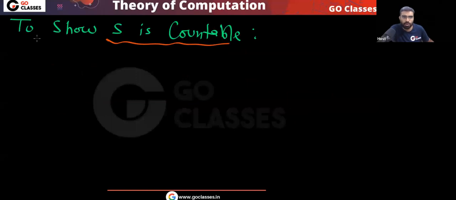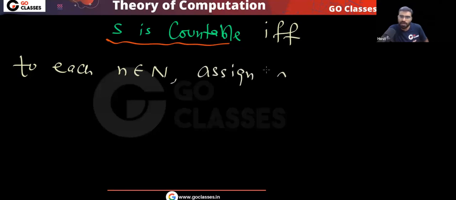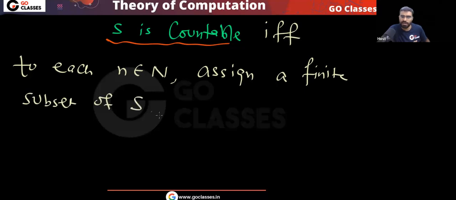If you want to prove that S is countable, this is the definition. S is countable if and only if, to each n belonging to the natural numbers, you assign a finite subset of S such that you cover all the elements.